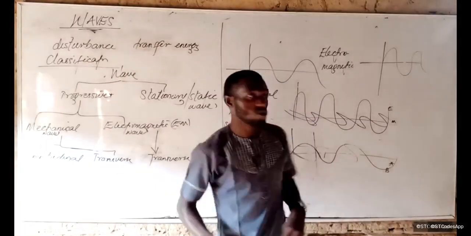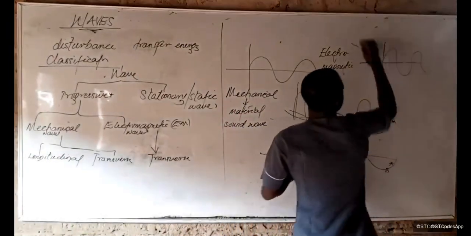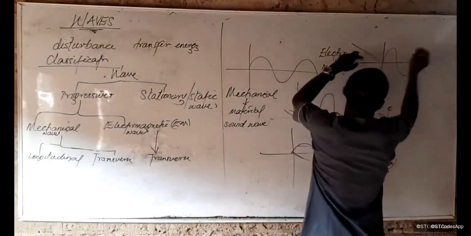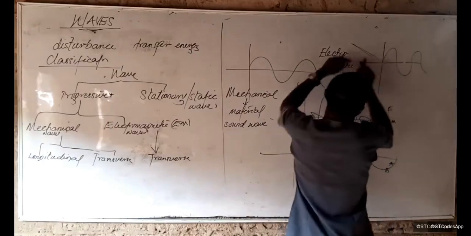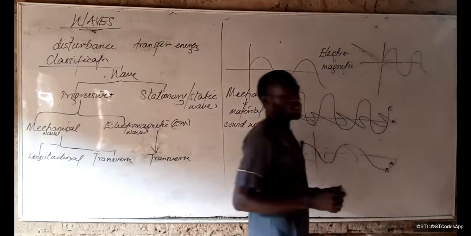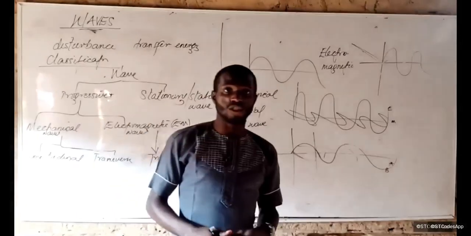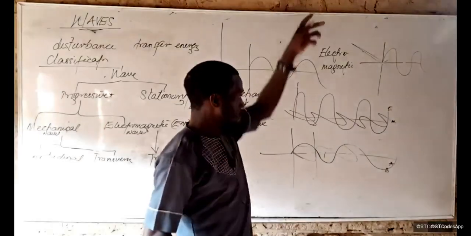Is that okay? So there's going to be a ZX plane here. So this is my Z plane, or maybe even like this. Okay, let's just take it like this. So on my Z and X plane, my magnetic field is going to be interacting with the electric field.